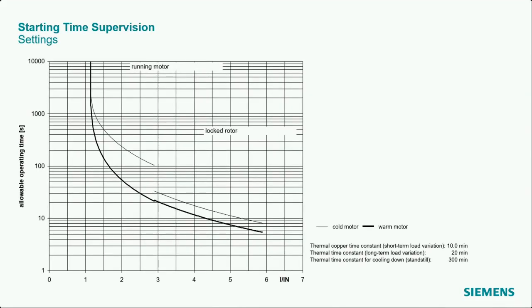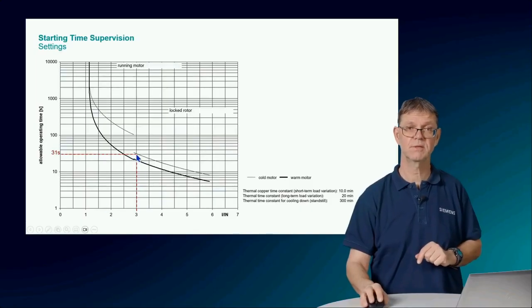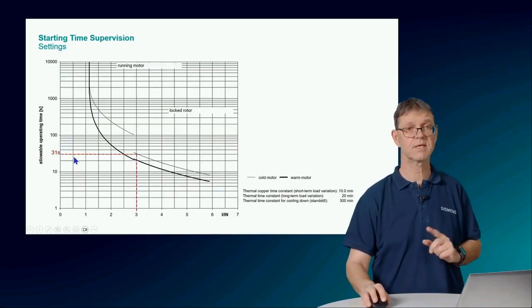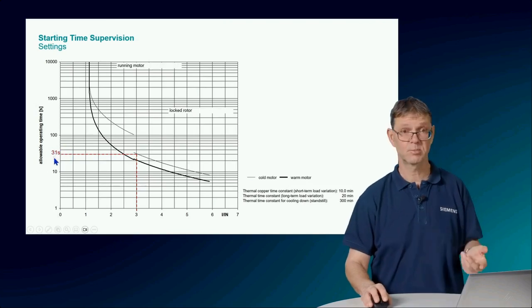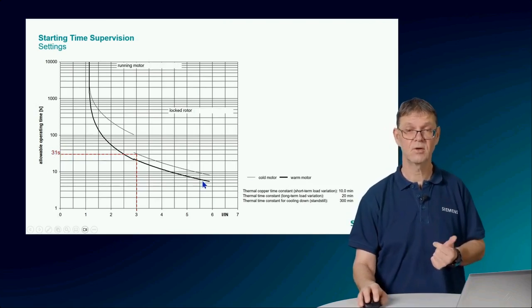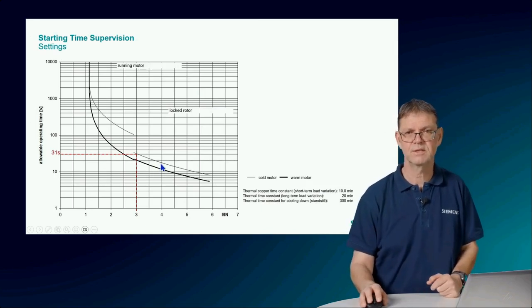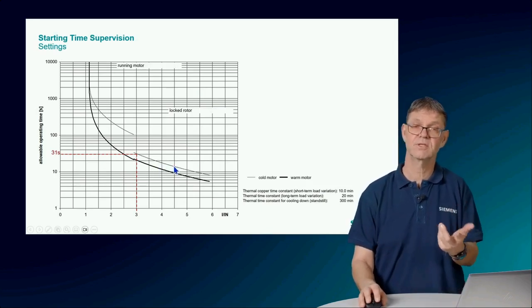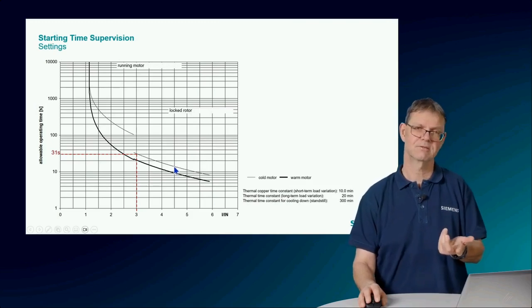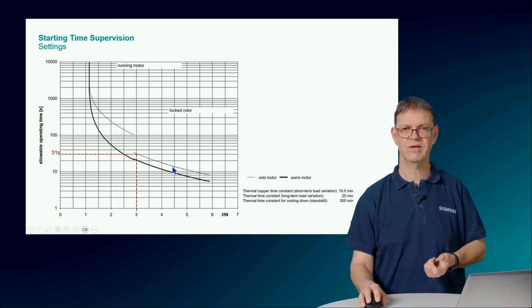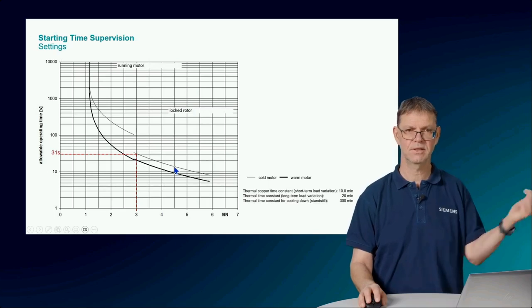Let's have a look at the settings. I pick again the pair of settings of 3 times nominal current, and then if I go up, it's 31 seconds here. Practical approach: if I have just such a diagram, which is rather imprecise to read, and I go to a value like here, then it's just a little bit of guessing which value exactly this is on the y-axis.